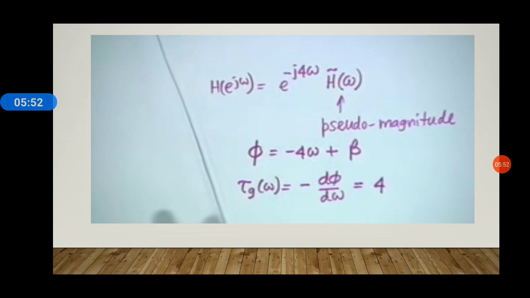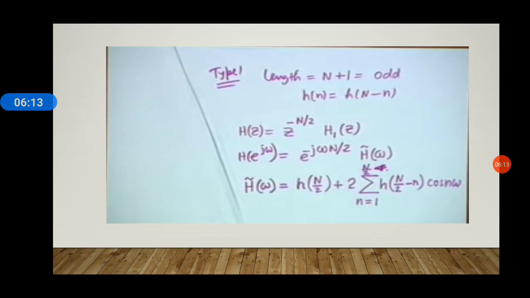Or we can say for a type 1 linear phase FIR filter, the group delay is N by 2. In general we can write the group delay for type 1 as N by 2, which is a constant. If N is constant, then N by 2 would also be constant, which shows we can achieve exact linear phase.